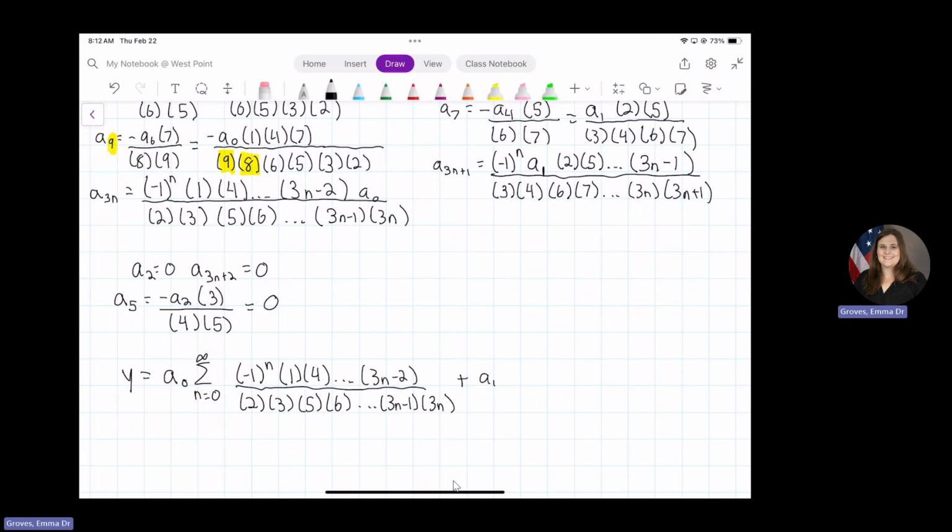plus a1 times the sum from n equals 0 to infinity of. I don't know if I said it out loud, but I know I wrote it. So I just want to highlight that you should have an x in here as well. And it's an x to the n, so I didn't even write it correctly. So let's write that correctly.